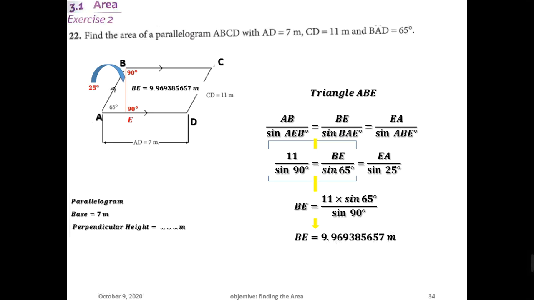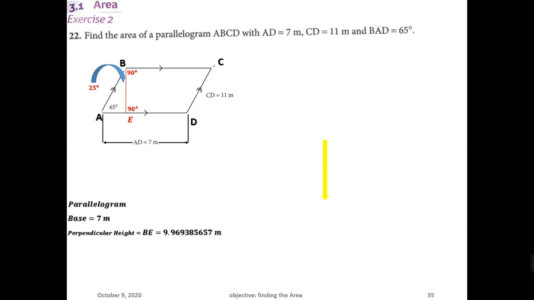So we found the length of BE, which is the vertical distance between the two parallel sides, the height that is perpendicular to the base. So now I can calculate the area.